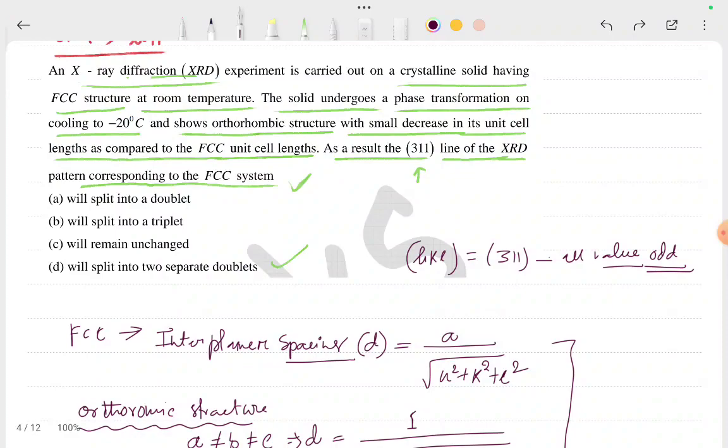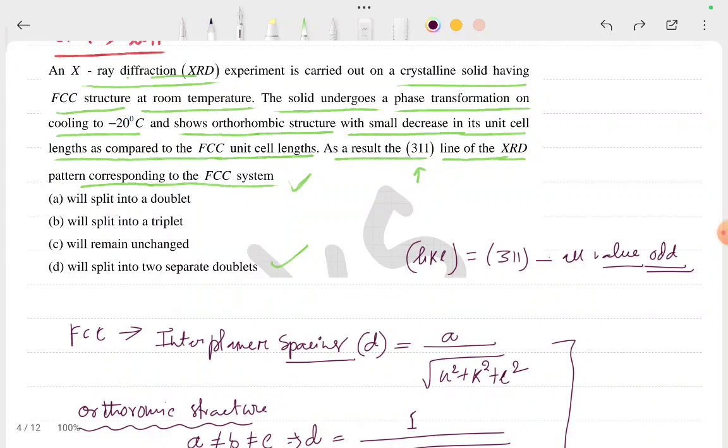For the 311 plane, do we get one peak or more than one peak for FCC, and do we get one peak or more for orthorhombic? How can I decide whether there are one, two or three peaks? If we calculate the value of theta, then we can easily understand in a very simple way how many peaks are available for this crystal corresponding to the plane.